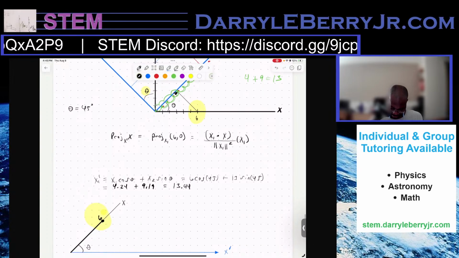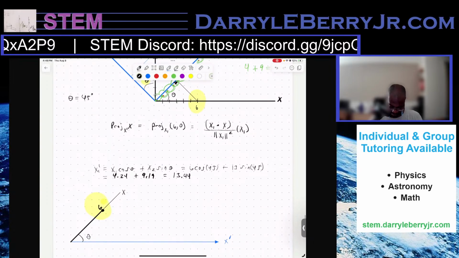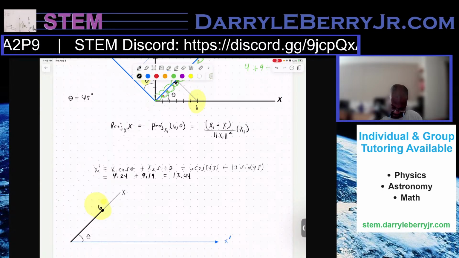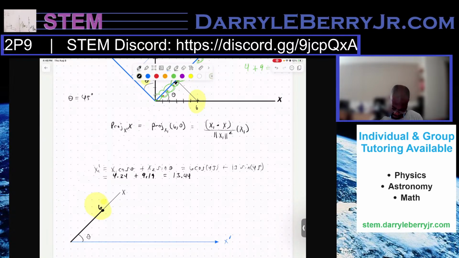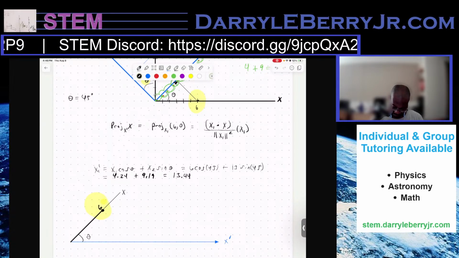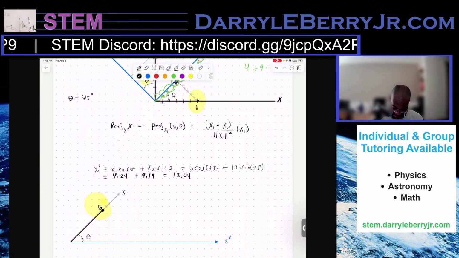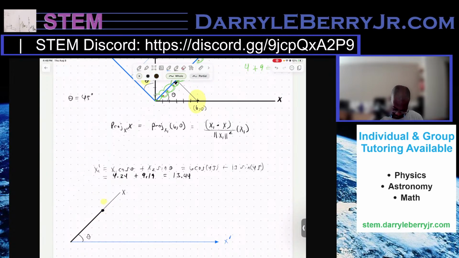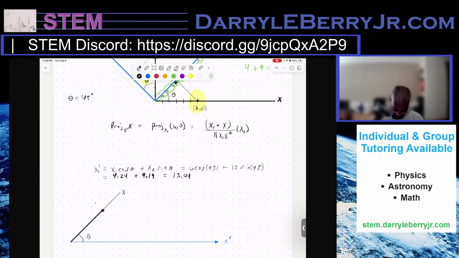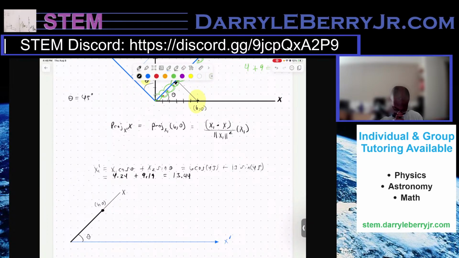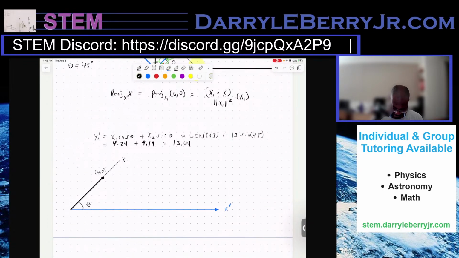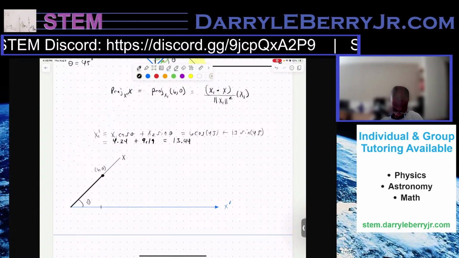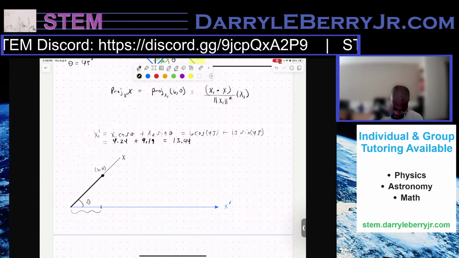And now we want to project this, which would be this point here. This point is 6, 0. And we want to project it down here and figure out what this distance is on x prime.